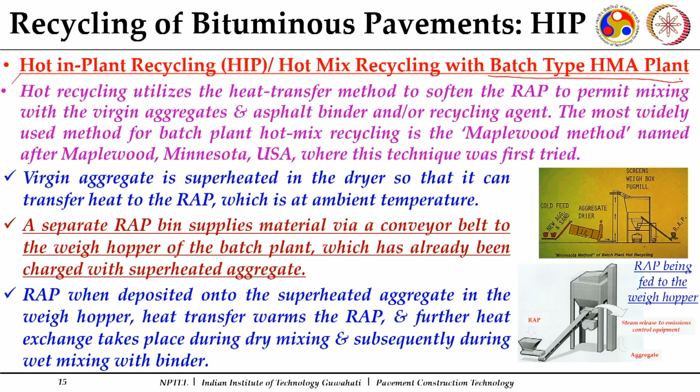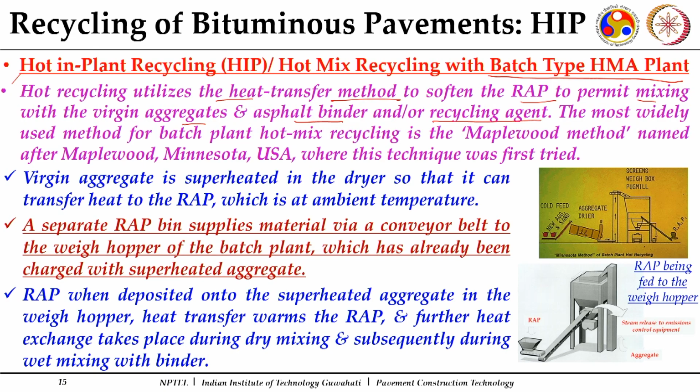What type of modification can be there? How can this RAP be prevented from direct heating as in the case of the virgin aggregates? Hot recycling utilizes the heat transfer method. This is the important feature which has to be taken care of, to soften the RAP to permit mixing with the virgin aggregates, asphalt binder and recycling agent.